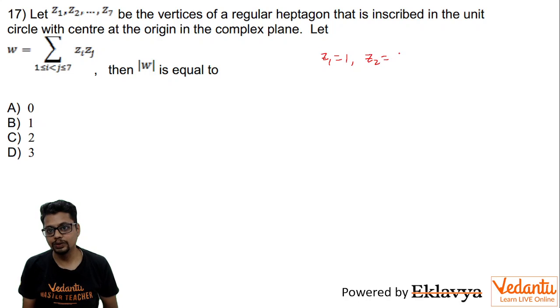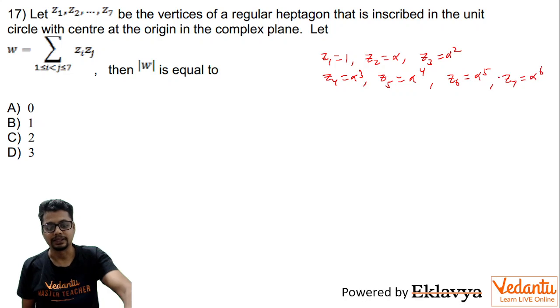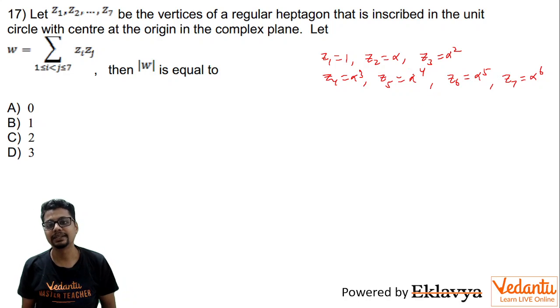If Z2 is alpha, Z3 will be alpha square, Z4 will be alpha cube, Z5 will be alpha to the power 4, Z6 would be alpha to the power 5, Z7 would be alpha to the power 6, where alpha is e to the power iota 2 pi by 7.